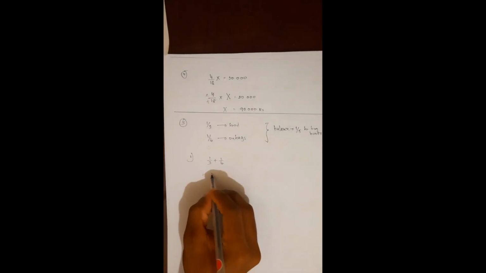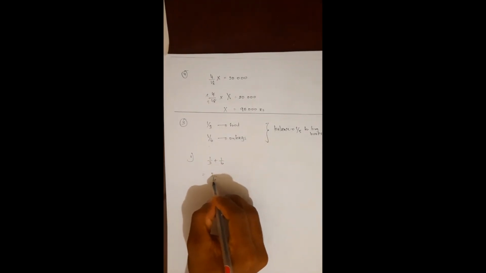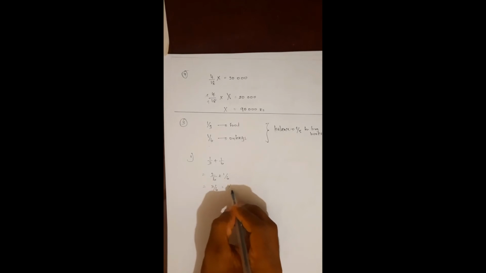So we have to add these two. So that is 1/3 plus 1/6. So we have to find the common denominator, that is 6. 2/6 plus 1/6 is equal to 3/6. So this can be simplified as 1/2. So this is the fraction that he spends out of his salary for the food and outing.